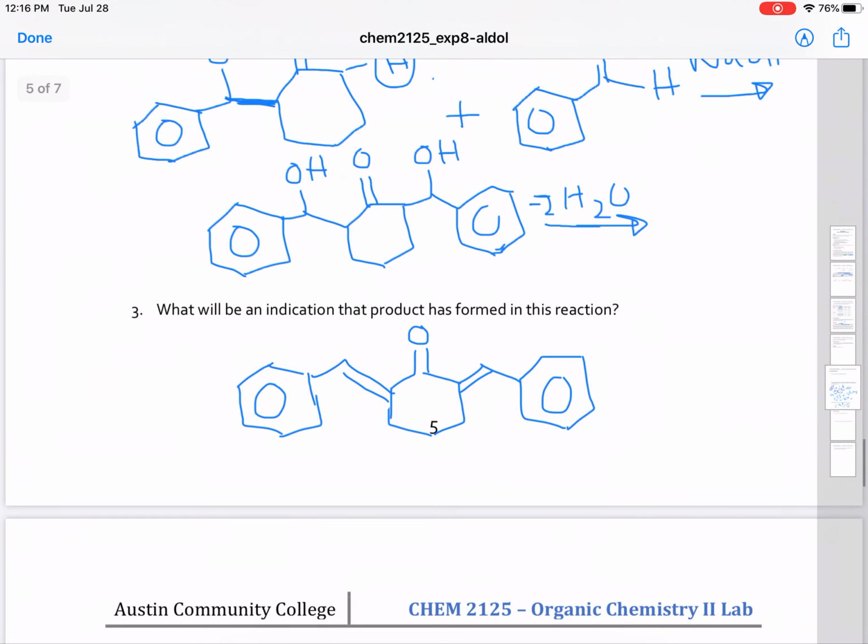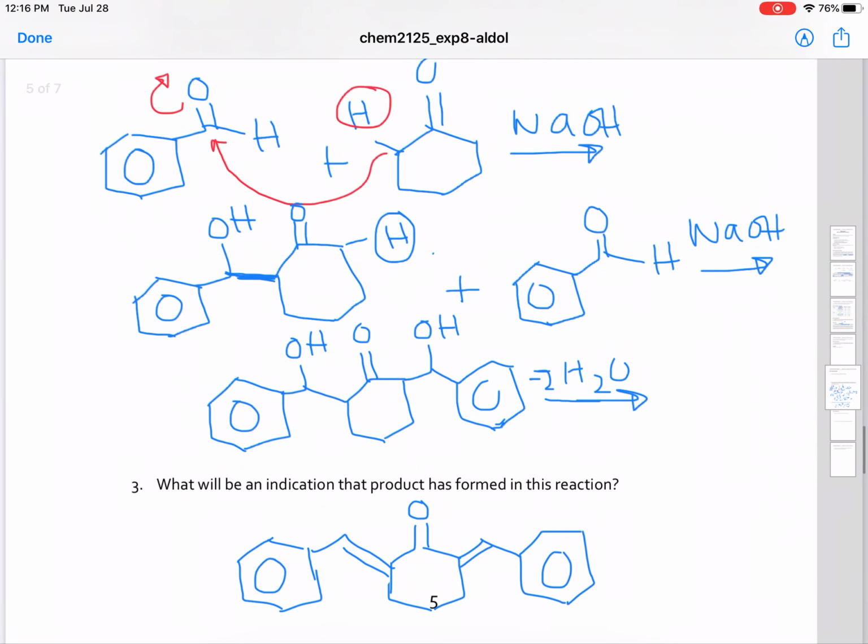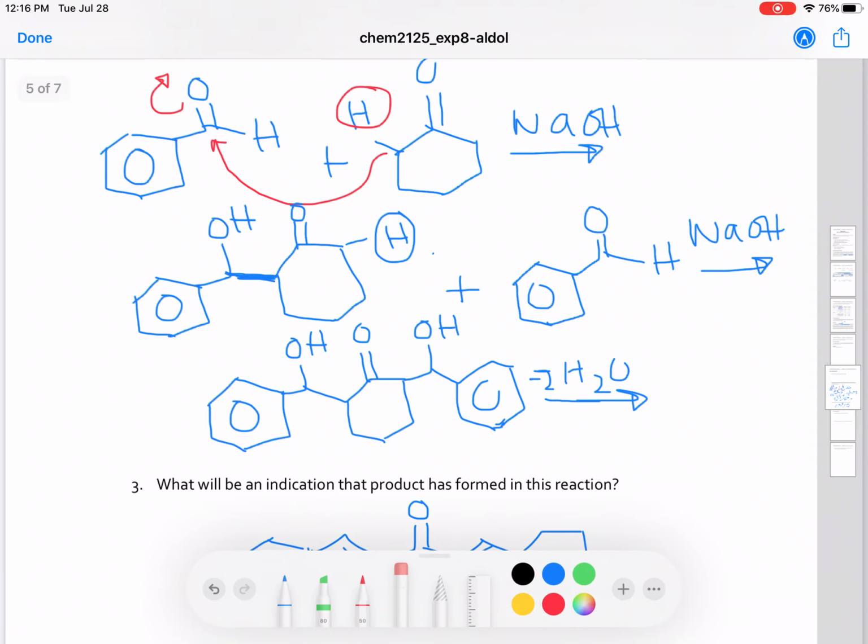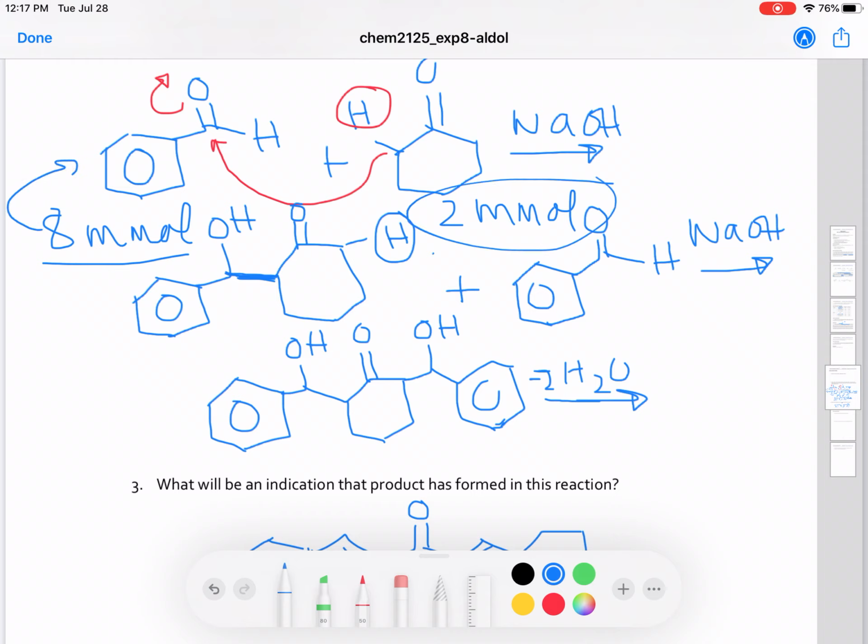How do you find out the percent yield? Now this is your reaction scheme. How many millimoles of your ketone did you use? For your ketone, you use 2 millimoles, and your aldehyde, you use 8 millimoles. Which one is going to be your limiting reactant? It is your ketone, 2 millimoles.